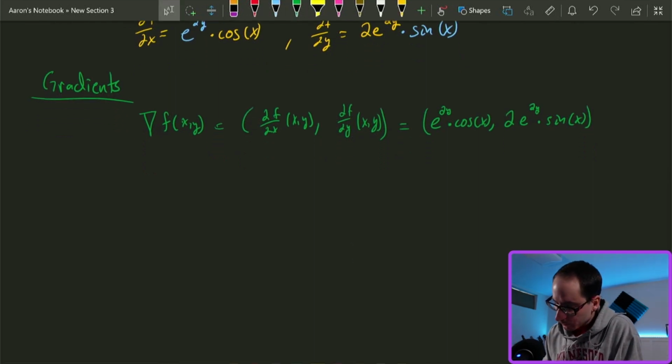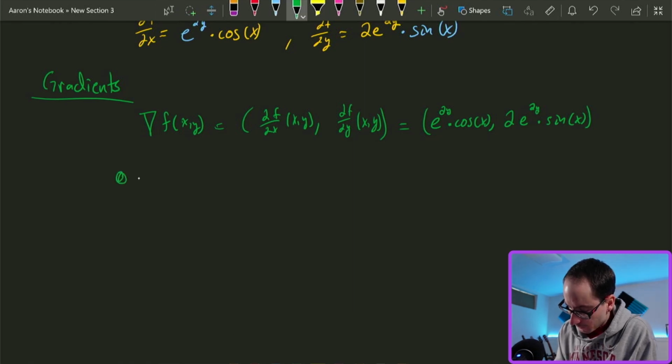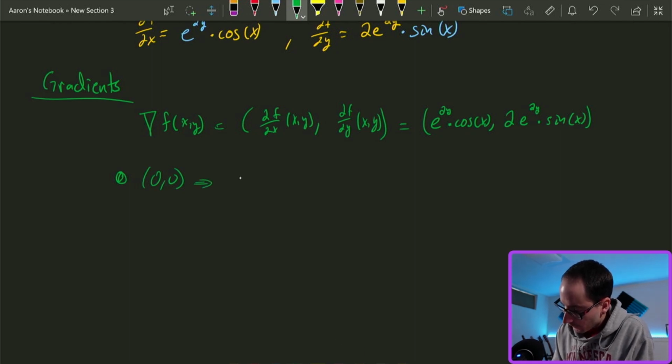So, for example, let's say I was starting at the point 0, 0. So the gradient evaluated at the point 0, 0: e to the 0 is 1 times cosine of 0.